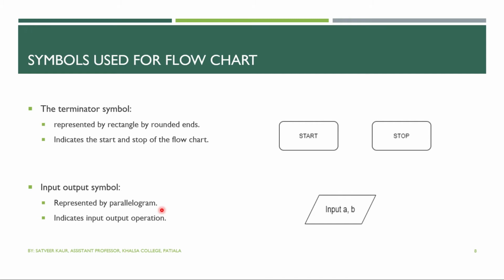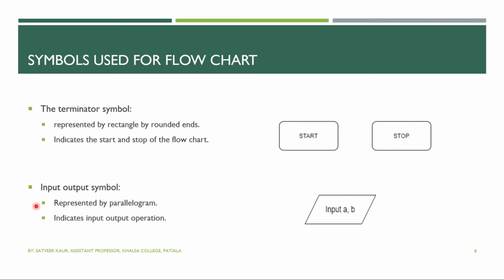There are some symbols that are used for flowchart. First one is the terminator symbol. It is represented by a rectangle with rounded ends, and it indicates the start and stop of the flowchart by writing start and stop into these rounded-end rectangles.